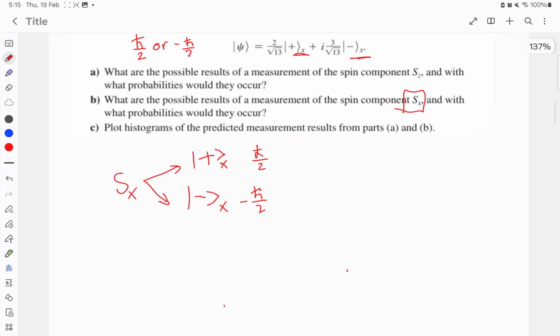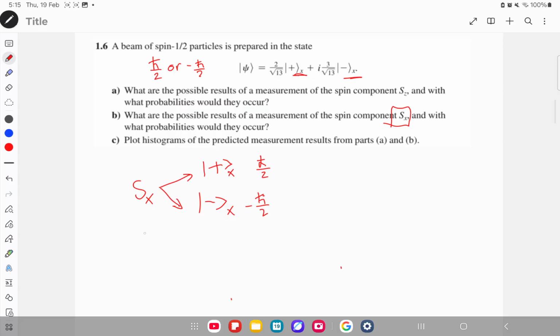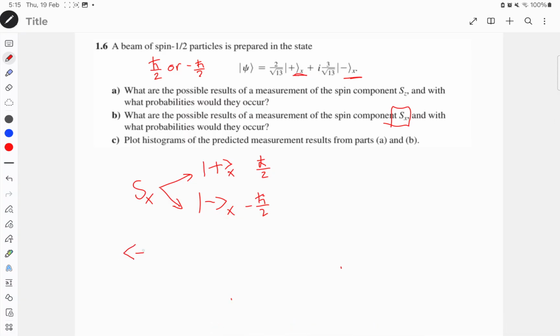Okay, now to get the probability of the first state, we will do this one, x, multiply by this one, 2 over root 13, multiply by plus x plus i3 over root 13.